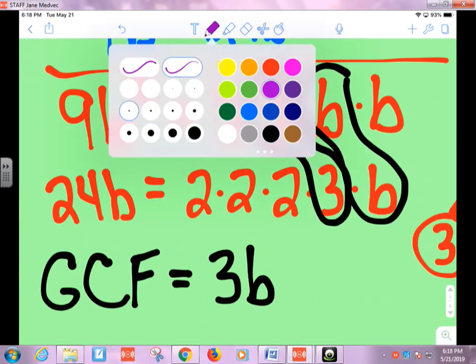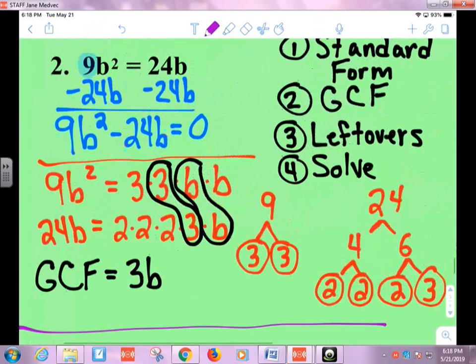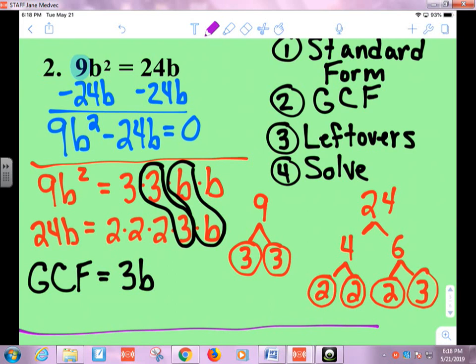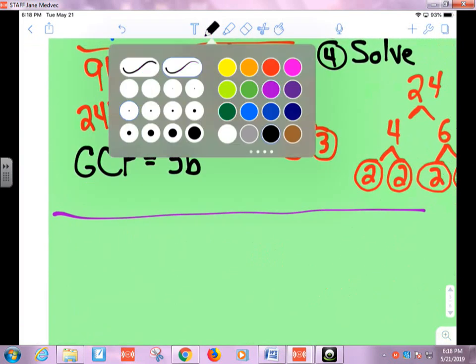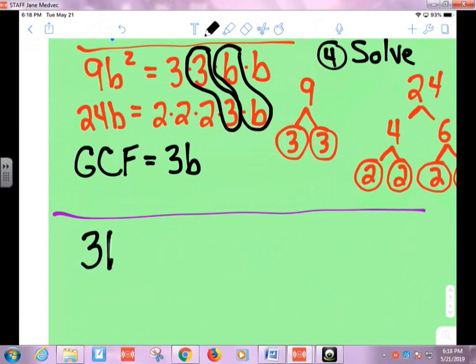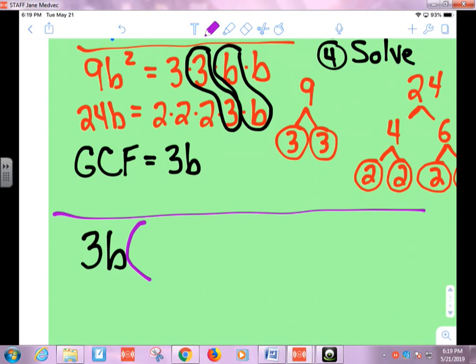Now that I'm done with greatest common factor, my next step tells me to do my leftovers. So I'm going to come over here. I'm going to first of all write my greatest common factor, 3b. And notice how I'm doing each step at a time, and I like to put lines between each step just so that it makes it easier to organize.